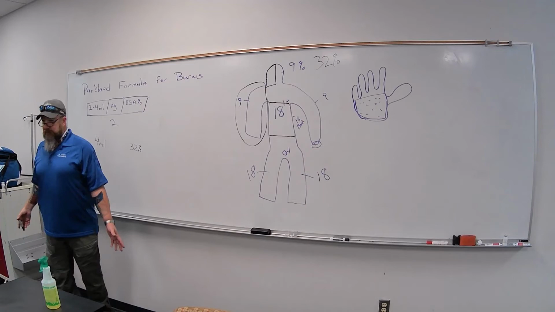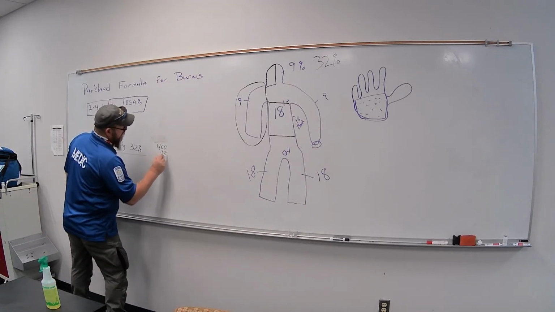Alright, so 100 kilograms, 32, 12,800. Right? Now we're going to divide that by 2. 6,400. Right?